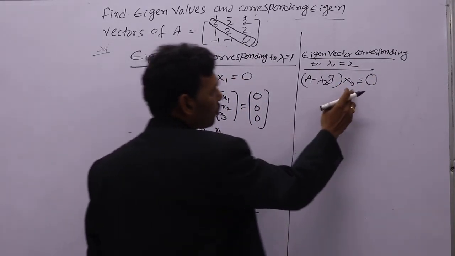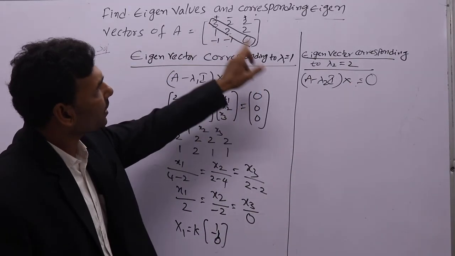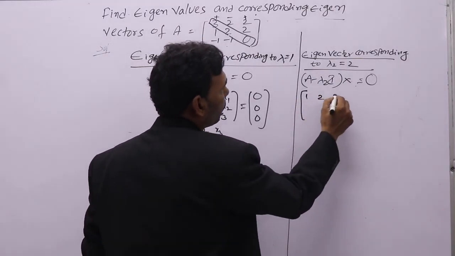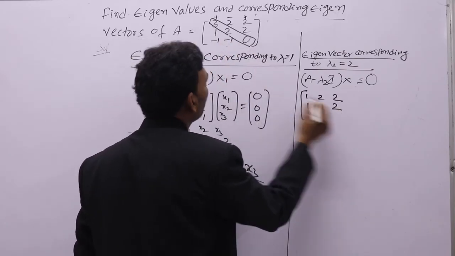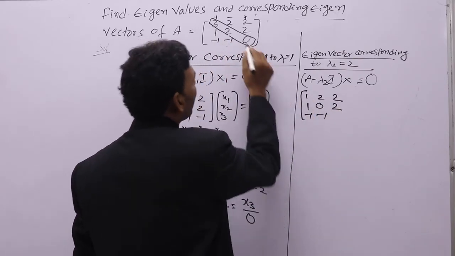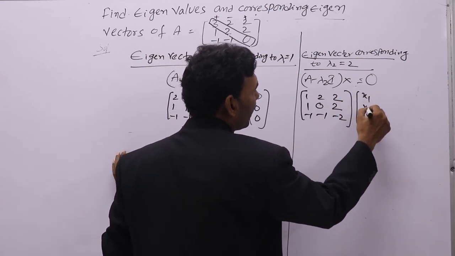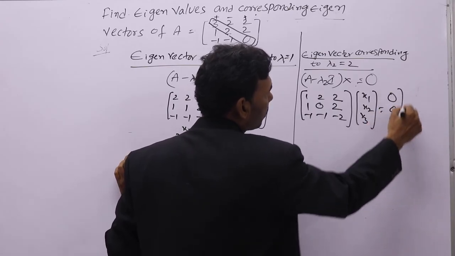For non-zero solution, I am taking here x. I will tell you why I am taking x. So subtract 2 from the diagonal. 3 minus 2, 1, 2, 2. 1, 2 minus 2, 0, 2. Minus 1, minus 1, 0 minus 2, minus 2. x1, x2, x3 equal to 0, 0, 0.